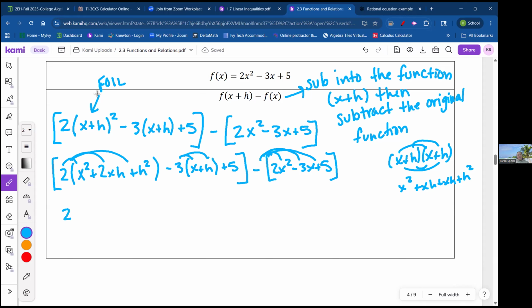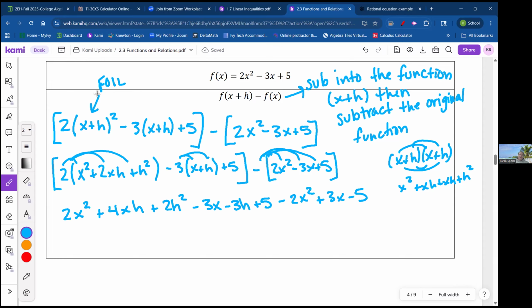So I end up with 2x squared plus 4xh plus 2h squared minus 3x minus 3h plus 5, minus 2x squared plus 3x minus 5.